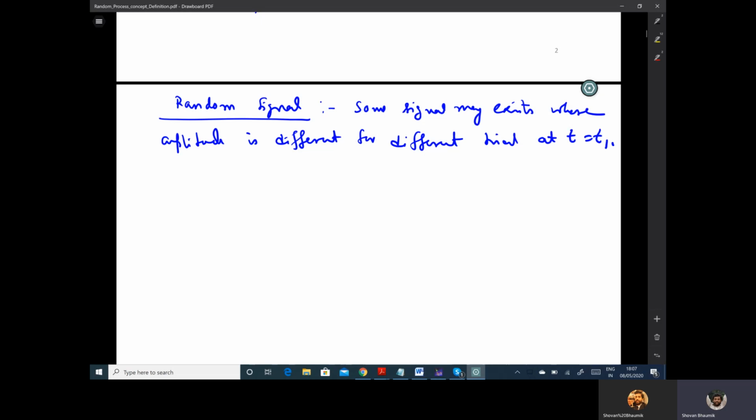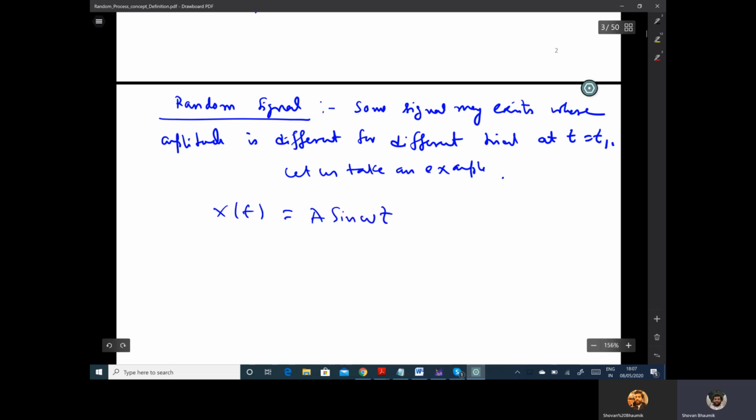So let us take one example. Let's say our signal is x(t) equals A sin(omega t), but A is not fixed. The thing is that here A is not fixed. What does it mean?